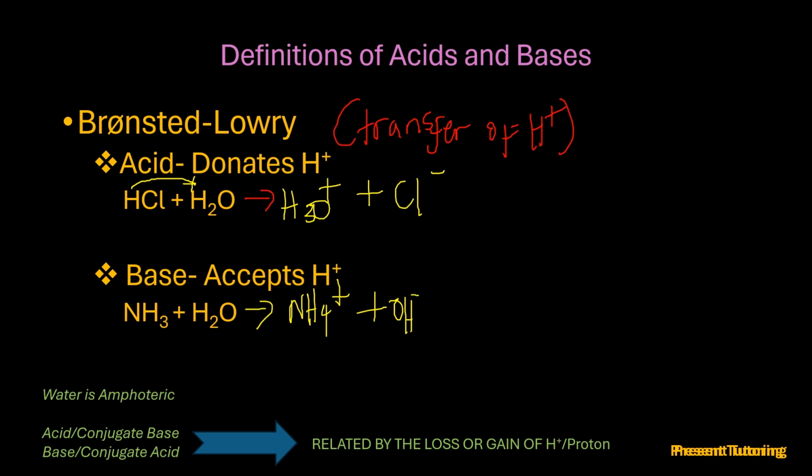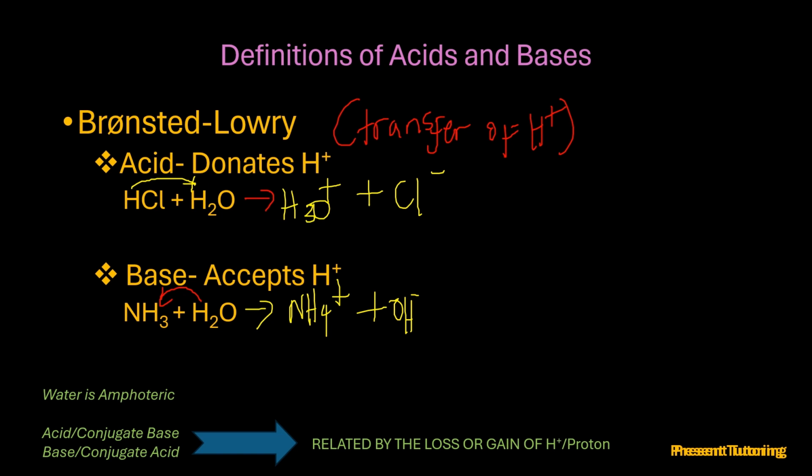So we're going to notice that one of the H's in H2O went over to ammonia, and ammonia took that H and turned it into the ammonium ion, and all that was left behind was the hydroxide ion. So the Bronsted-Lowry acid and base definition is only looking at how the H+ transfer.